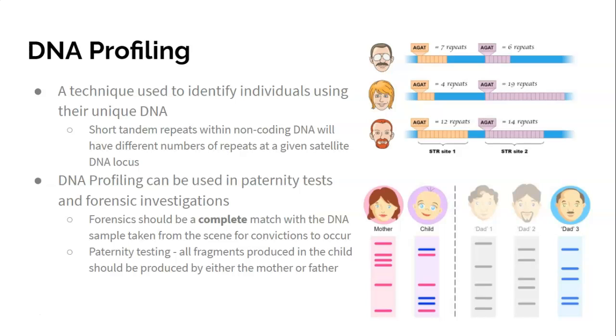And so there are certain areas in your DNA, in non-coding DNA, where you have short tandem repeats, which is basically like 3 or 4 nucleotide bases in a row that just repeat, anywhere from like 4 to like 25 times, and everyone has different amounts of that, and so you can measure that and then use that to profile individuals to see if they match for paternity tests or for forensic investigations. This is how you can determine if the blood matches your suspect, etc., stuff like that.